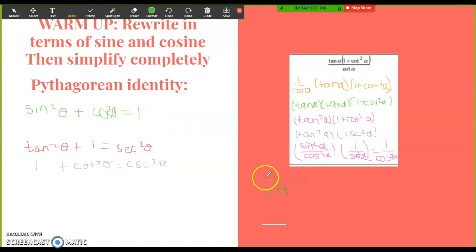So we could rewrite this fraction as 1 over 1 minus sine squared alpha. We could do another step, guys, and rewrite this in factored form using difference of perfect squares. So this is just equal to 1 minus sine of alpha, factoring this out, times 1 plus sine of alpha.